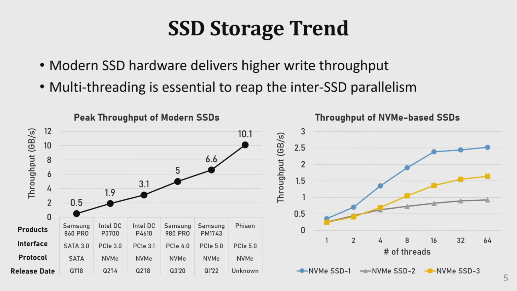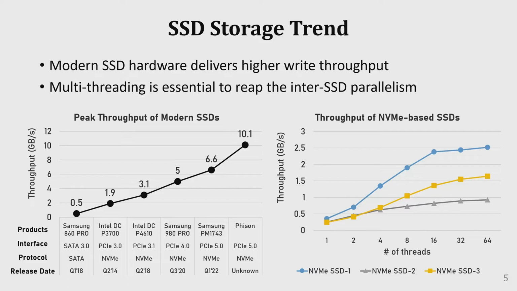Today, the RAID system could utilize modern SSD devices to deliver higher bandwidth. The left figure shows the write performance boundaries of SSDs that were introduced over the past 8 years. We can observe that SSDs could provide higher write throughput. Even only one SSD can provide more than 10 GB per second throughput.